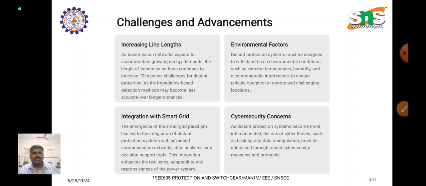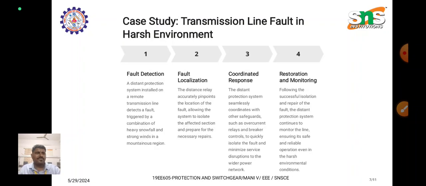And integration with the smart grid. Here there are data analytics and some integration methods, adaptability to the power system, and cyber security concerns. As distance protection systems become more interconnected, the risk of cyber threats such as hacking and data manipulation must be addressed through robust security measures and protocols.